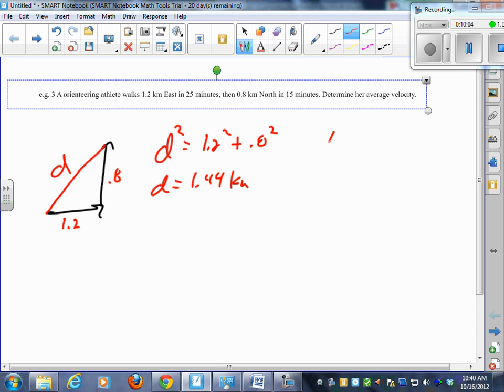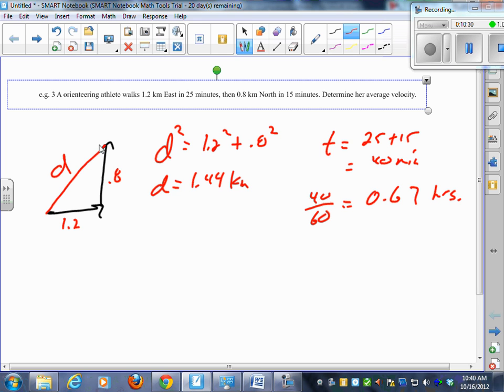Next step, find the total time. 25 minutes plus 15 minutes is 40 minutes, right? Convert that to hours by dividing by 60. That's 0.67 hours.